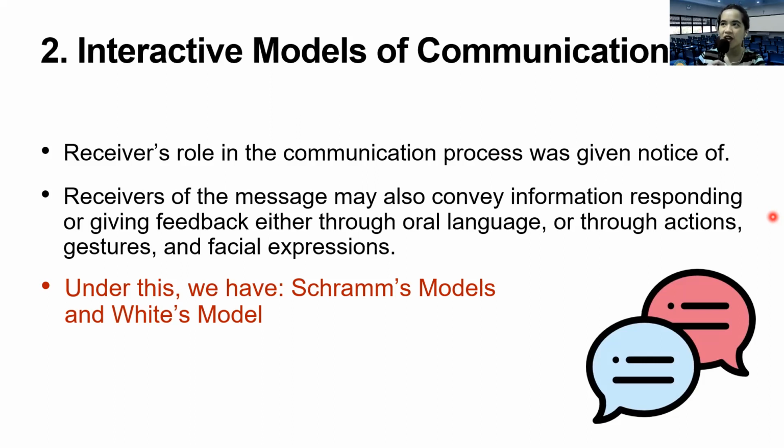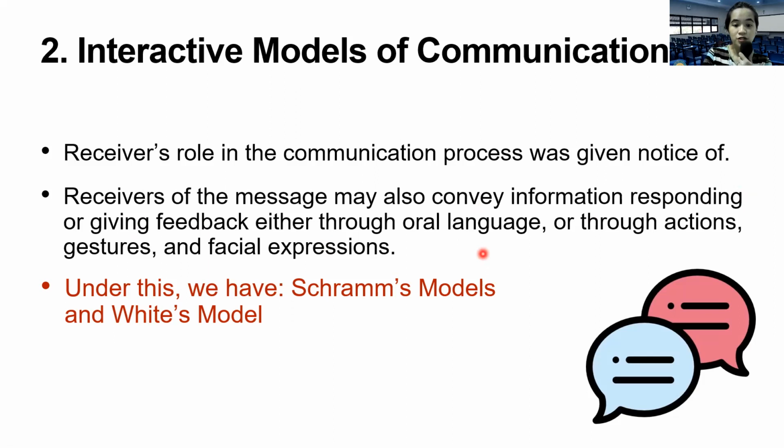So the receiver there has no feedback, all right? While in here, interactive, the sender and receiver can interact with each other, okay? So the receivers of the message may also convey the information, responding or giving feedback either through oral language or through actions, gestures, and facial expressions.